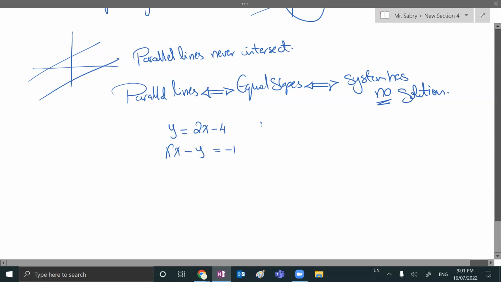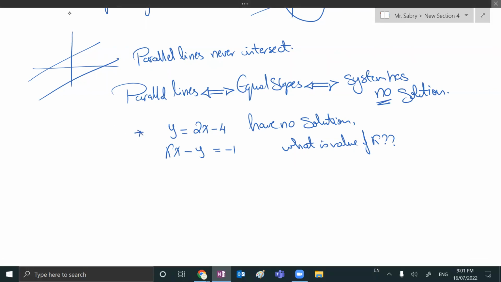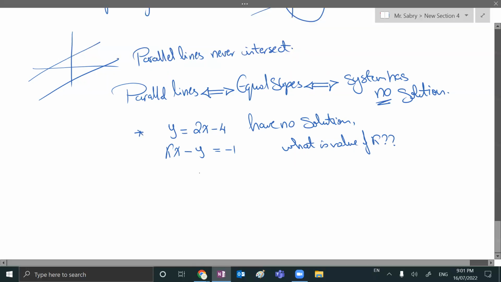And I said that this system has no solution. And I'm asking for the value of k. Would someone care to share, if they think they know?